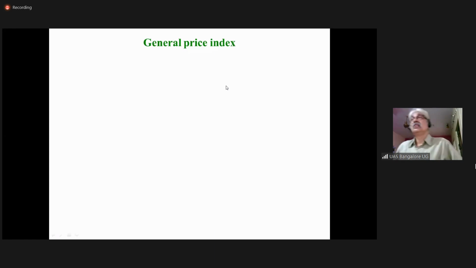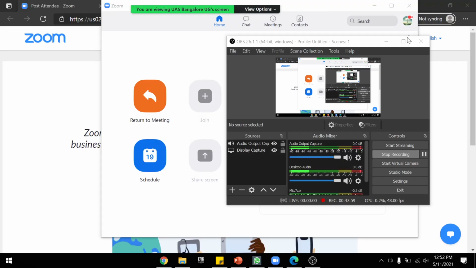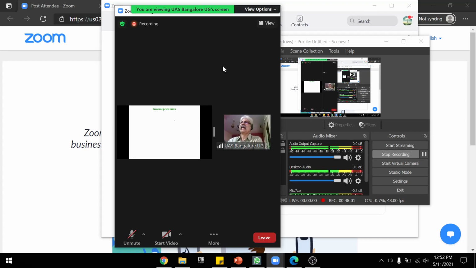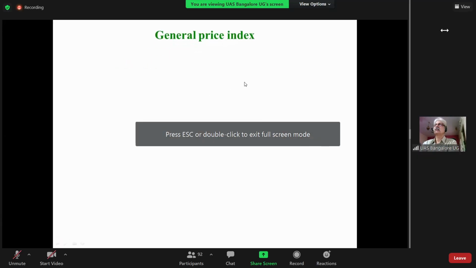So these price indices are used to measure the rate of inflation. Okay, now how these price index are worked out? Usually what they do is they take a representative basket of goods and services.